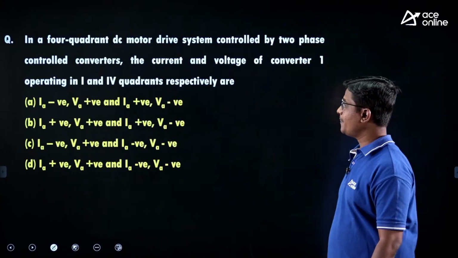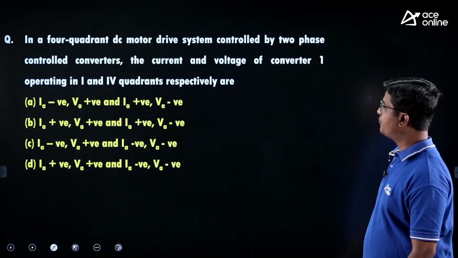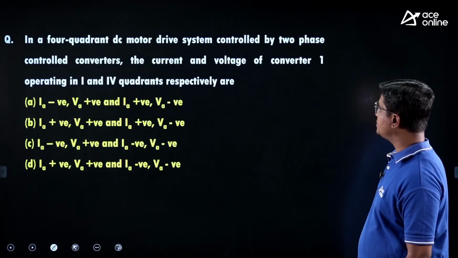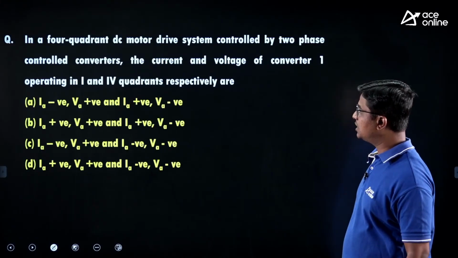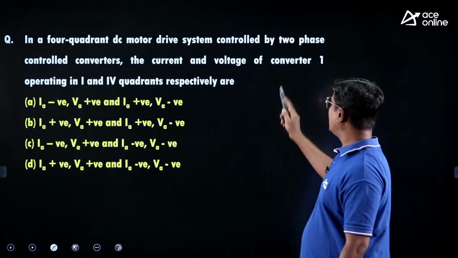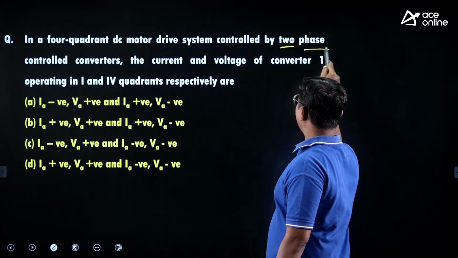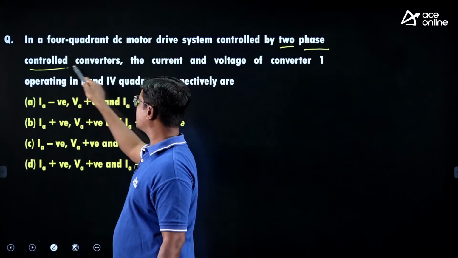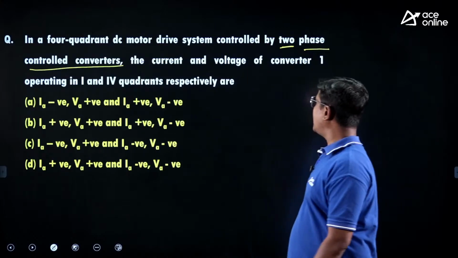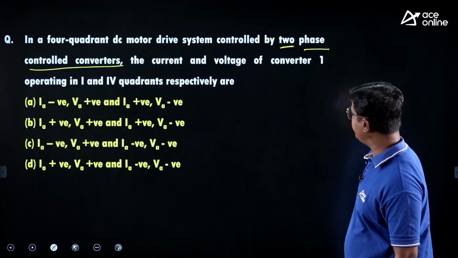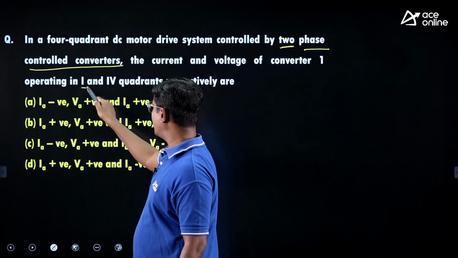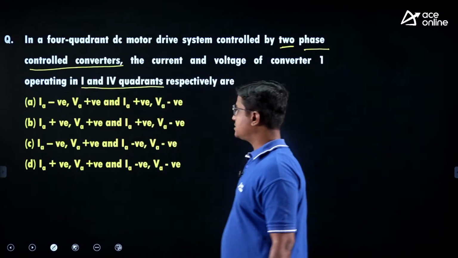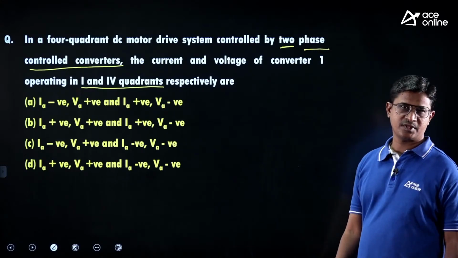Next, in a 4-quadrant DC motor drive system controlled by two-phase controlled converters, the current and voltage of converter 1 operating in first and 4 quadrants respectively are, right?